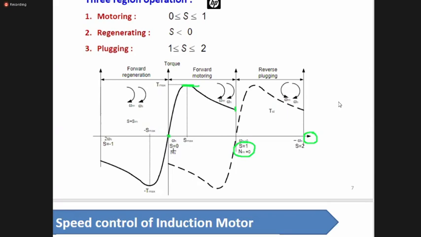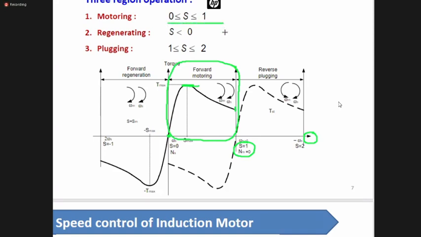At the locked condition, s is equal to zero because your omega_m is equal to omega_s. That's why this is becoming zero. So up to this point this was behaving like a motor. So this portion of the plot is for the induction motor. Now when the induction machine is running as a motor, you can expect that your slip is somewhere in between 0 and 1.